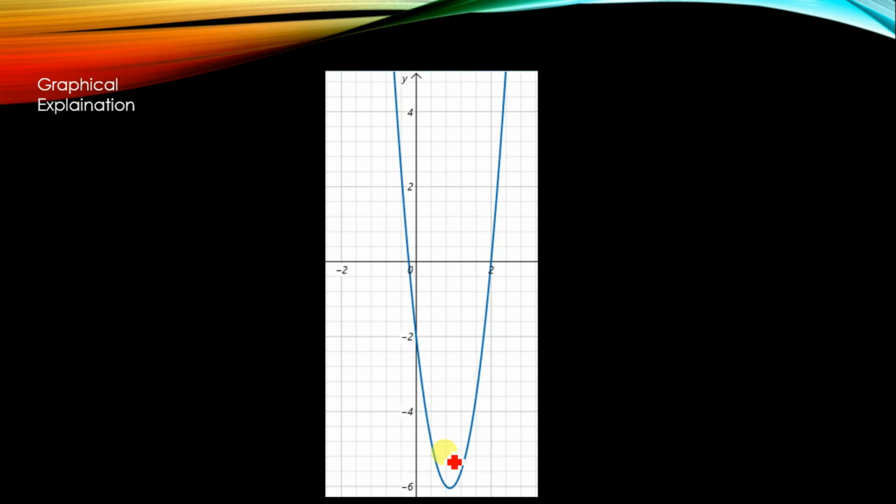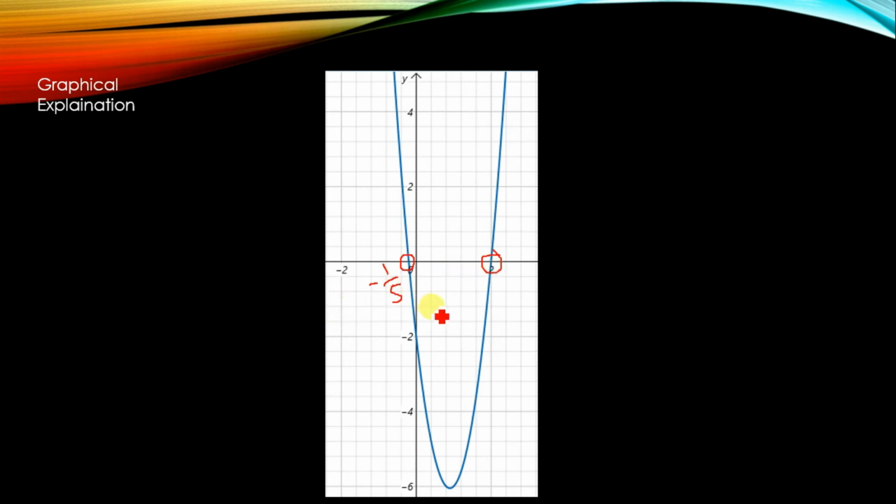If I sketch the graph, I can see that this graph intersects the x-axis at 2 points, at minus 1 upon 5 and at 2.